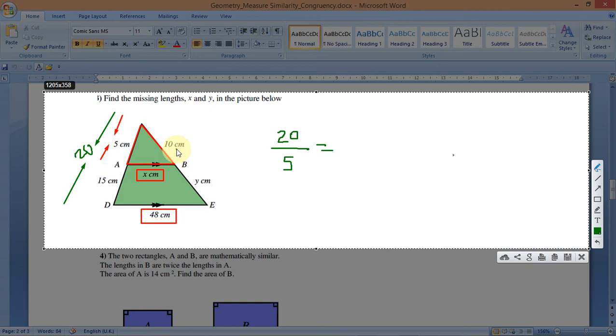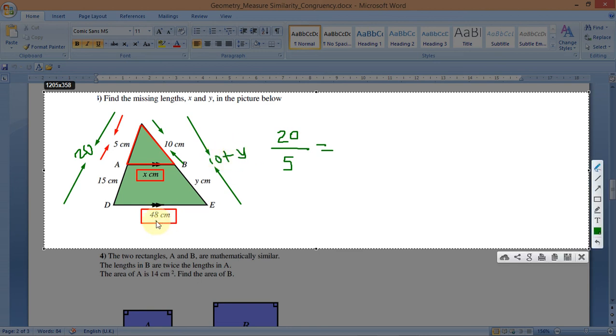Now this small one here is 10. The entire dimension here too will be 10 plus y. This one is 10. This one here is 10 plus y.